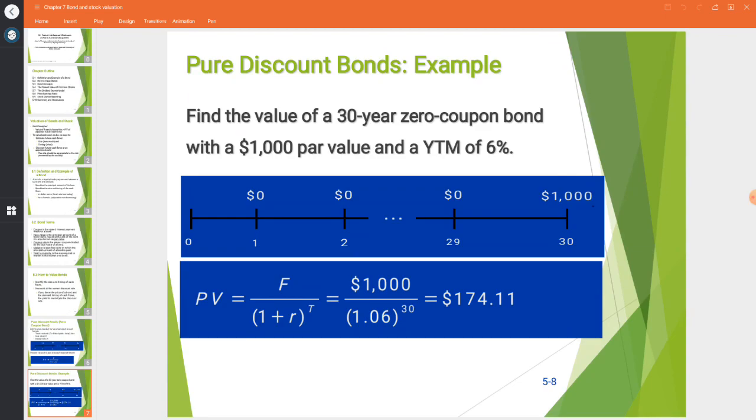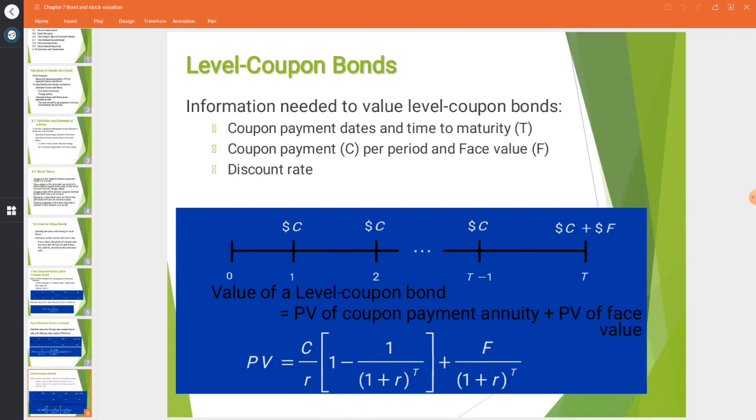To determine the PV, PV equals F divided by 1 plus R power to T. F is 1,000 discounted by 1 plus 0.06 power to 30. As you see, the market value or the present value of this bond is 174.11 US dollars if you would like to invest in this type of bond.